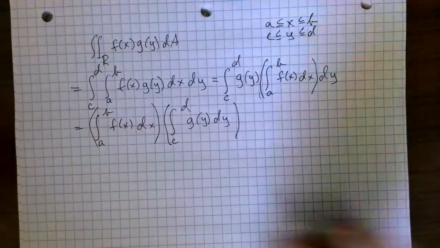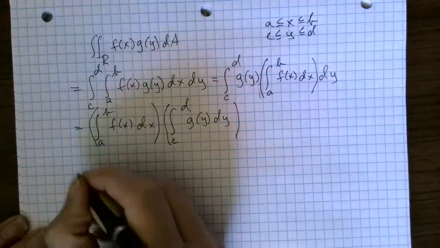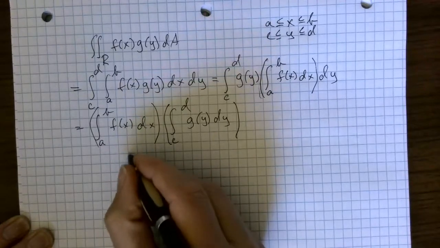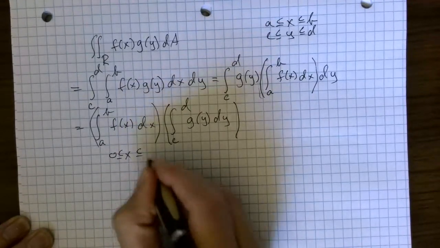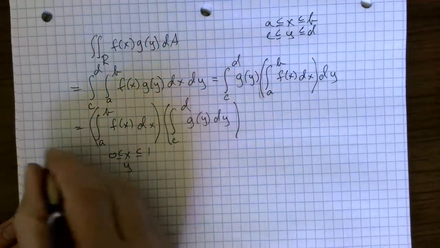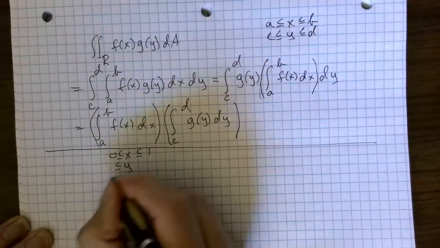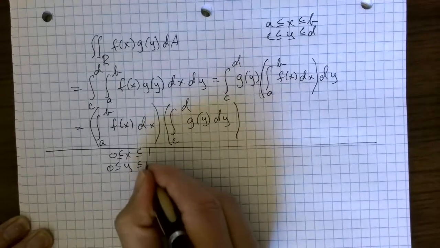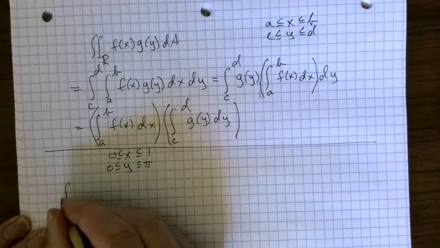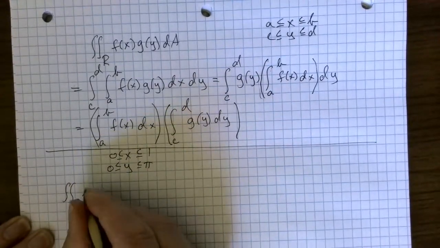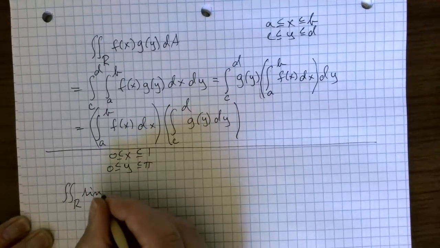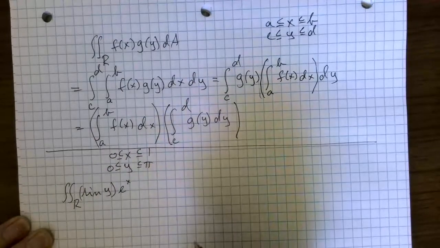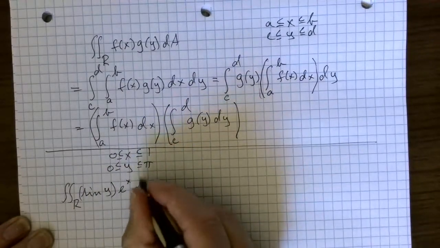So let's do an example of this. Let's suppose that R is where x goes from 0 to 1, and y goes from, let's say, 0 to pi. And let's integrate sine y times e to the x dA.